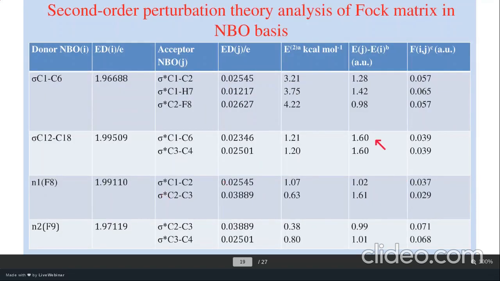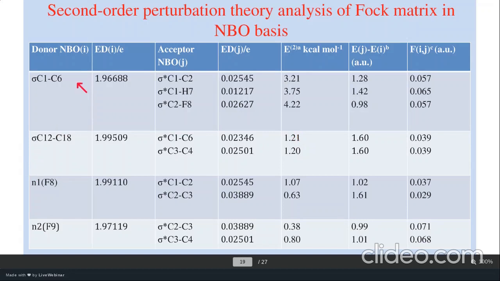This is the analysis of the Fock matrix. Actually, we have run our optimized molecule using the Gaussian 09 package by giving it the input file for the NBO analysis. Here we are using the basis set 6-311G(d,p), and the keyword for this given system is pop=nbo.